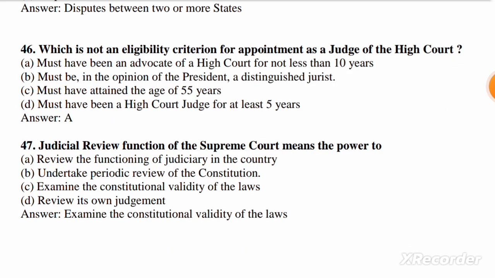Which is not an eligibility criteria for appointment as a judge of the High Court? Answer: A. Must have been an advocate of High Court for no less than 10 years. 47. Judicial review function of the Supreme Court means the power to, option C, examine the constitutional validity of the laws.